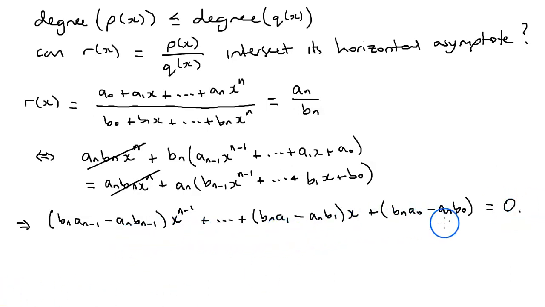Alright, so we've arrived at this situation here, and this is clearly a polynomial of degree n minus 1.